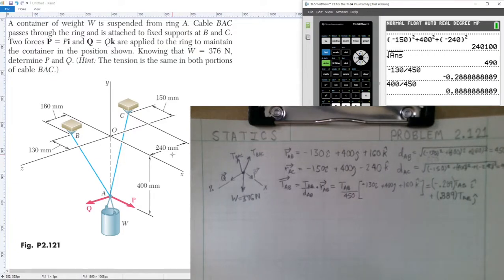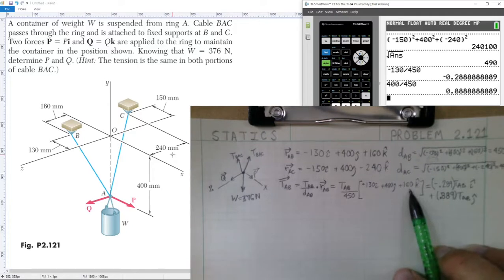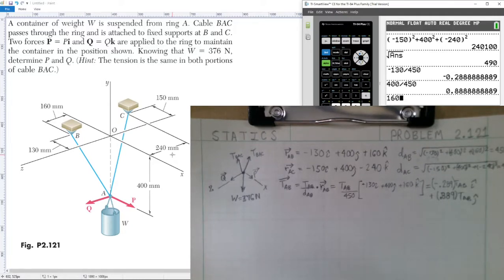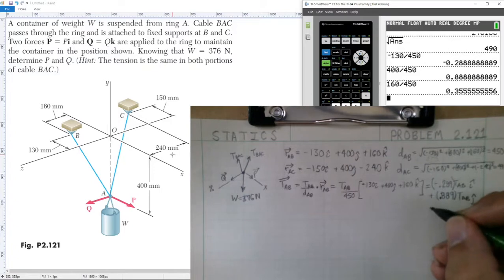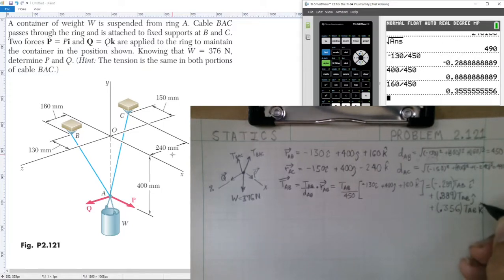And then finally, we'll divide our 160 for the k hat direction by the distance value of 450. So 160 divided by 450 gives a coefficient of 0.35 repeating, so we'll round this up to 0.36, times tension AB again in the k hat direction.